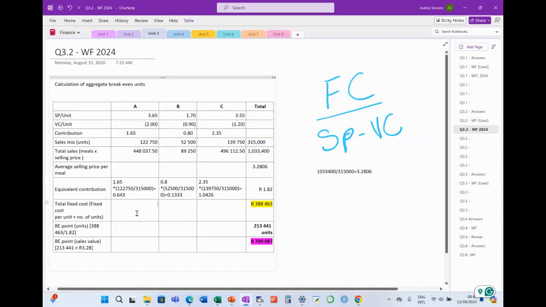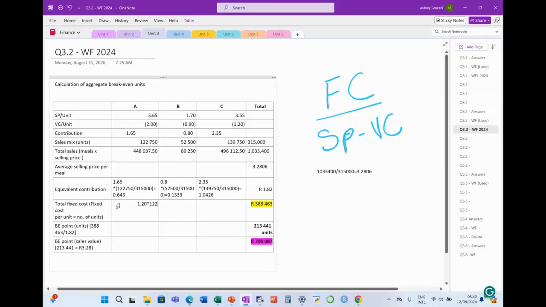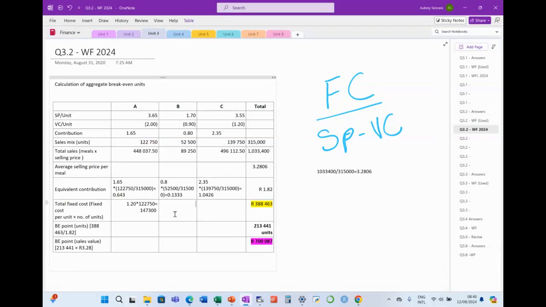So we need to say that 1 rand 20 for product A times how many units? 122,750. Yes, just on the individual one, because we're getting the fixed cost for each.